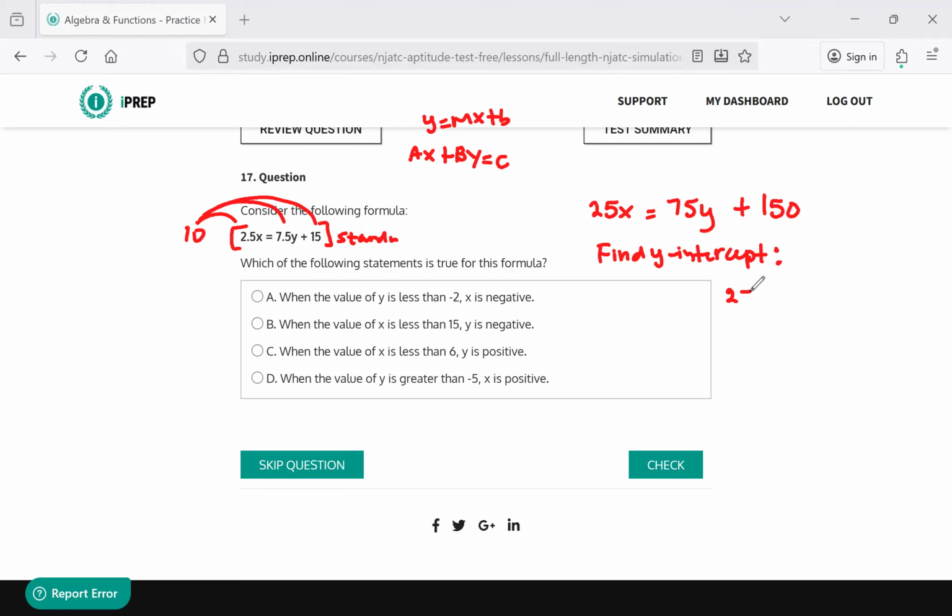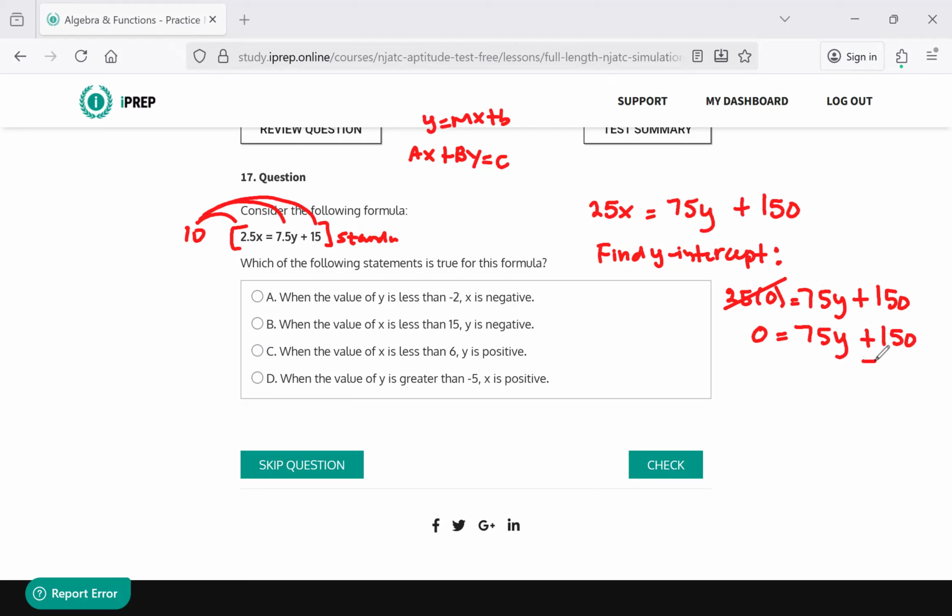So it's going to be 25 times 0 equals 75y plus 150. This cancels, so you're just left with 0 equals 75y plus 150.